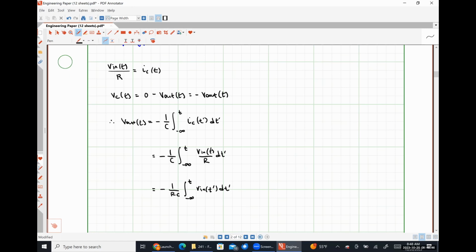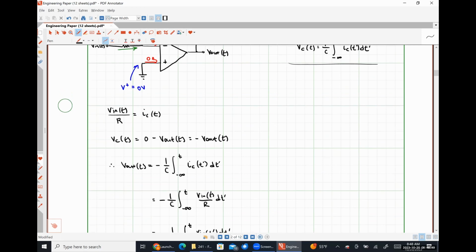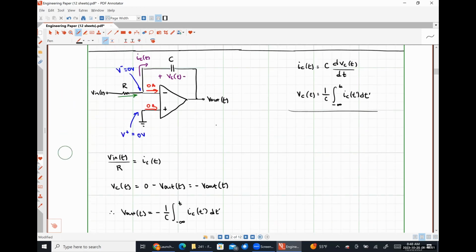So this particular configuration, I'll scroll back down there in a moment, is what's called an integrating amplifier.